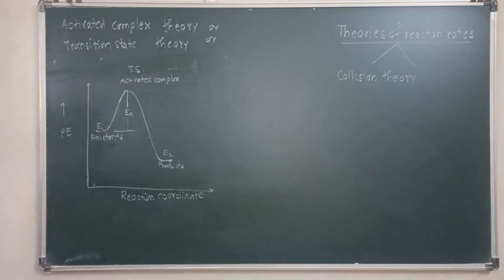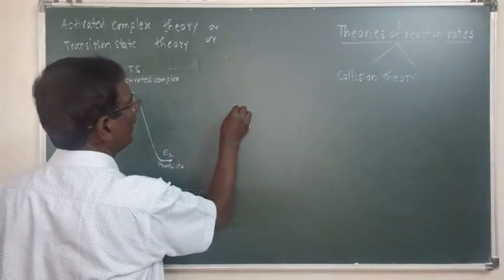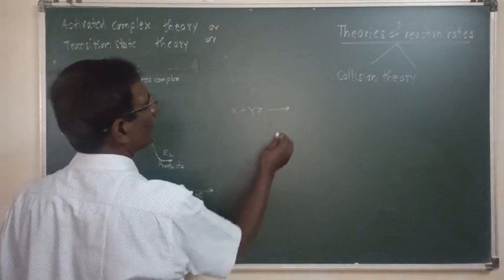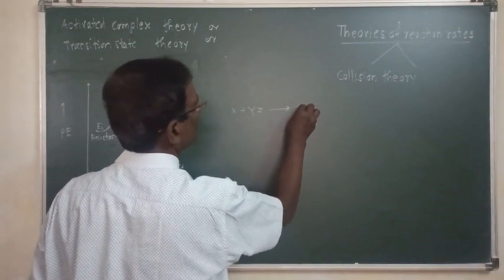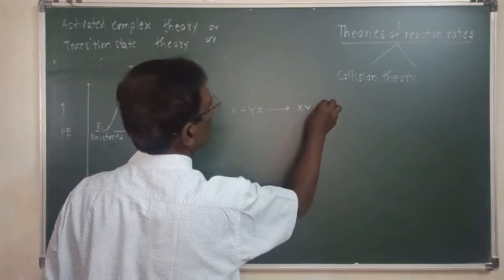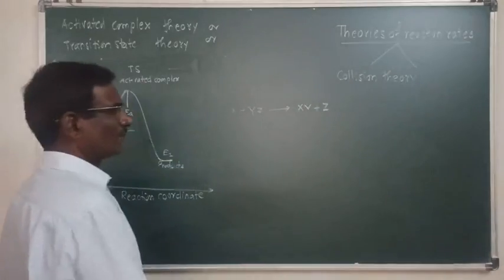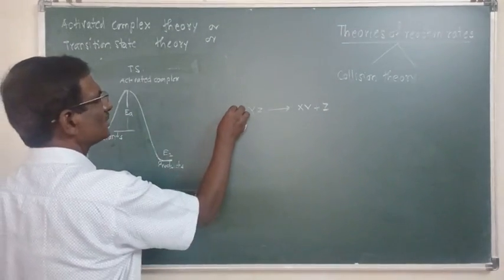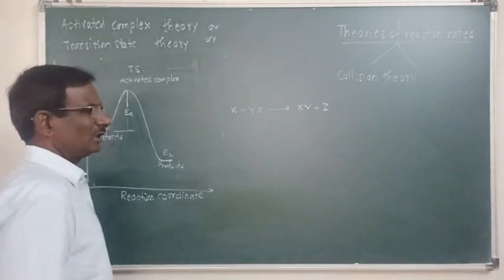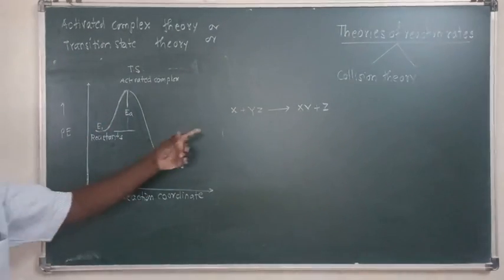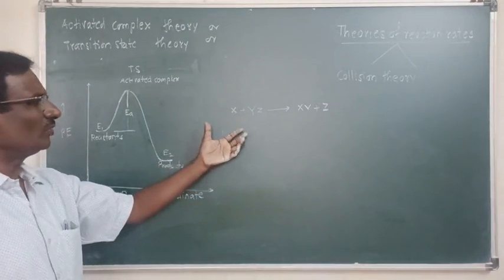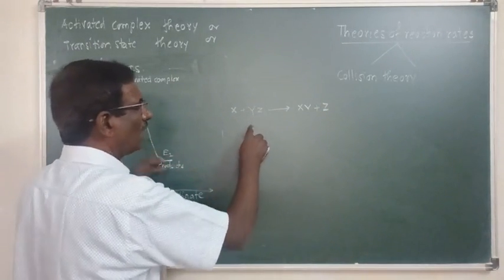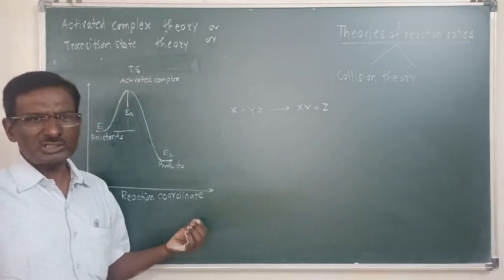Now consider the reaction X plus YZ gives XY plus Z. Now look at the three steps. In the first step, in the initial state, X and YZ molecules are far away from each other.